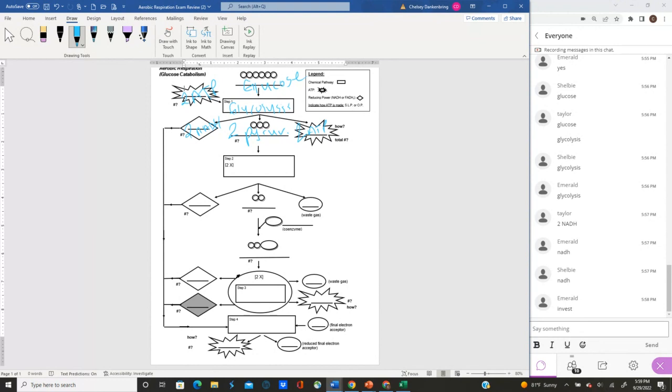For glycolysis, it's made with substrate level phosphorylation, which means that it just stole a phosphate group from some other molecule. And we're going to review some of these a little bit more on Saturday. Okay, so remember, the next step is going to be the linking step, which is called pyruvate oxidation.